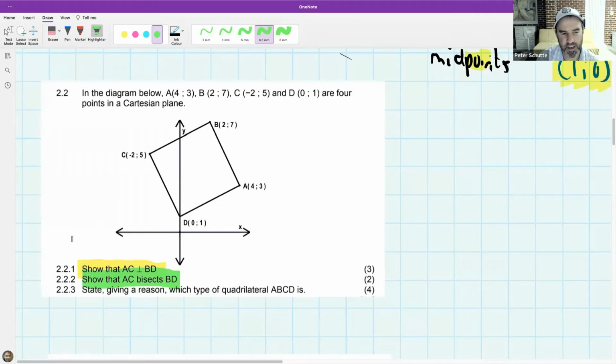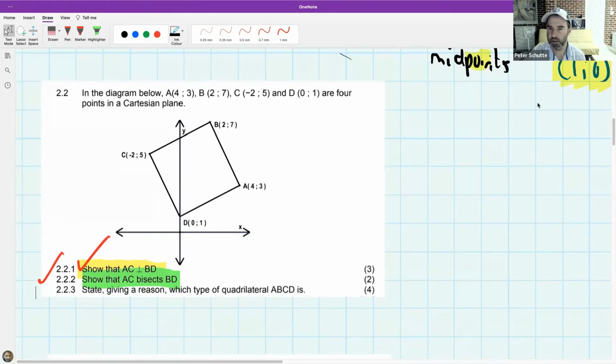And then once you've done that, I want you to think what type of quadrilateral this is, or how can we know that based on that information? But first of all, everybody, you're going to work out these two first, and then we'll talk from there. So over to you guys.